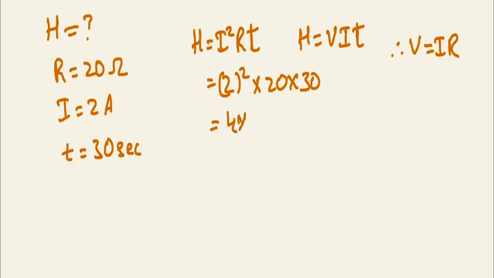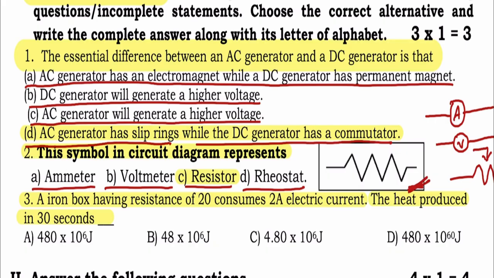So if you solve this, you will get 2400. You can write this as 2.4 into 10 to the power of 3 joule. We denote energy as joule since heat is a form of energy. They have given the wrong options here. So the answer is 2.4 into 10 to the power of 3 joule. Next main.